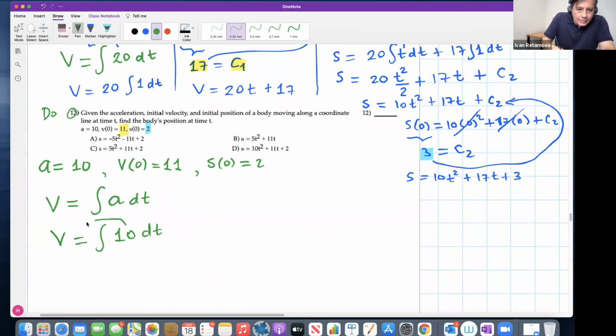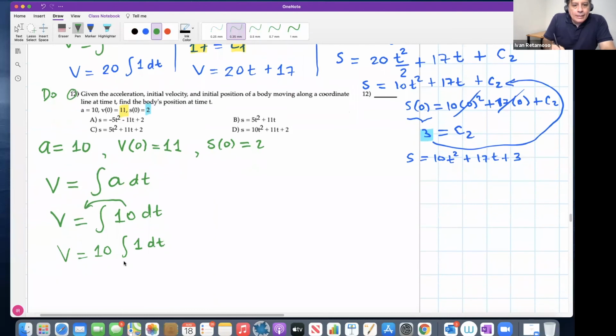The constant is 10. What is left there? What is left is 1 dt, right? The constant function 1. Now, this becomes 10 times the antiderivative of the constant function 1, which is the identity function, right? Because the derivative of t is 1. Very good. So that's that.